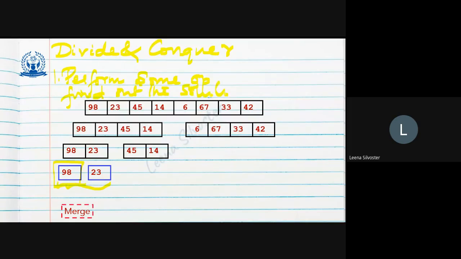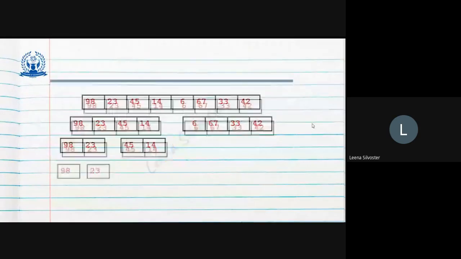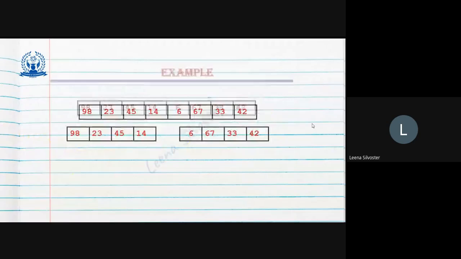So we will find the solution for the smallest sets. After that we will get a large number of solutions and then we have to combine them. So divide, do some operation, solve it, and combine it, merge it. So we have three stages: division, solution, and finally we will combine it.